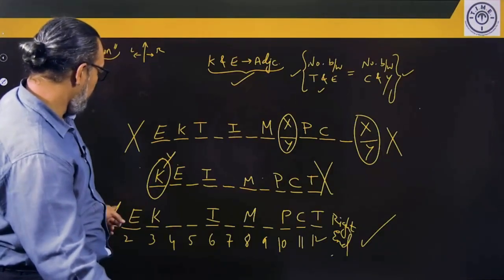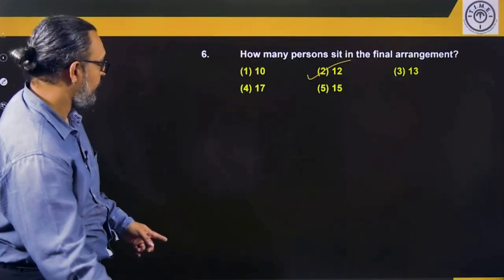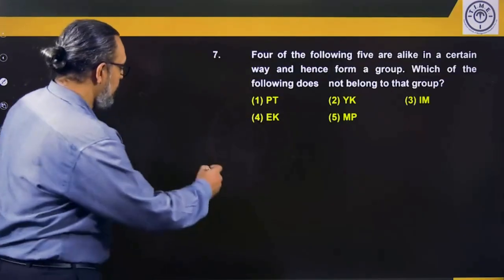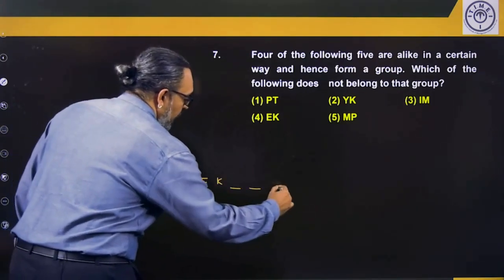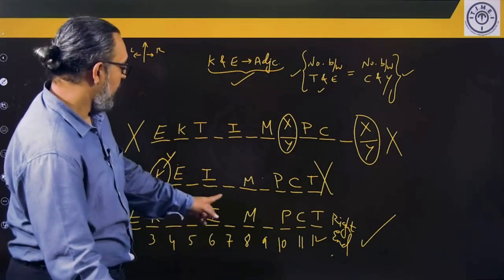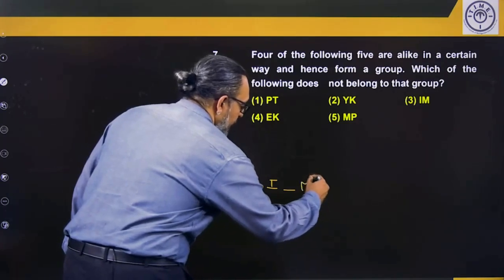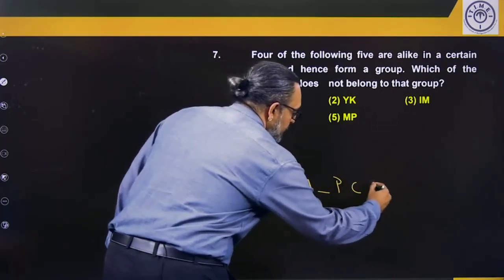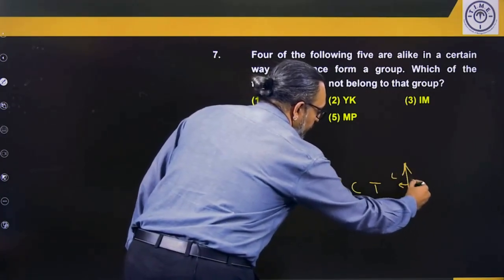So we have Y E K, 2 blanks, I blank M blank P C T.